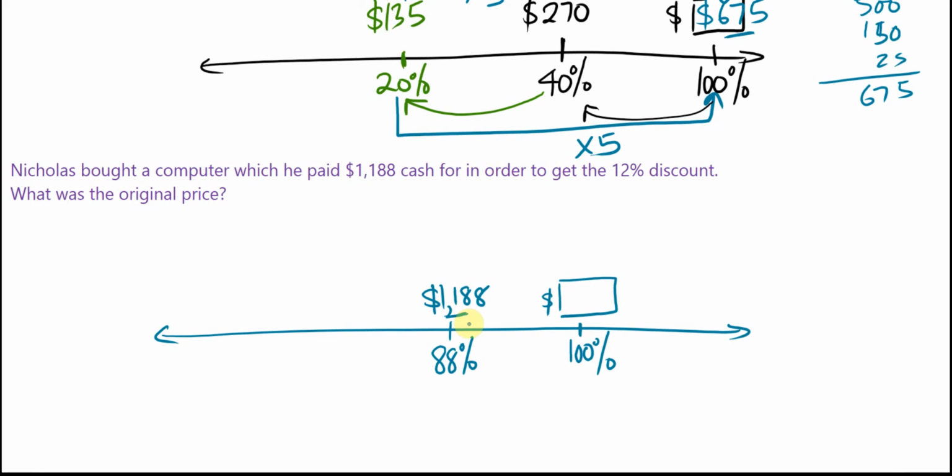So if we look at these two numbers here, so $1,188 and 88%, that 88% is divisible by 11. So let's divide both of these numbers by 11, hoping that 1,188 would also be divisible by 11. So 88 divided by 11 will give me 8%.